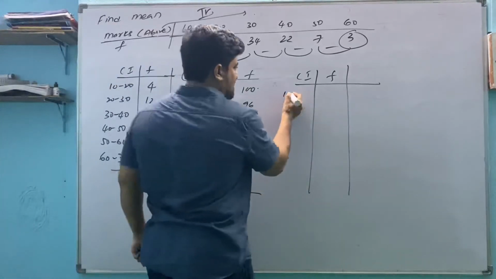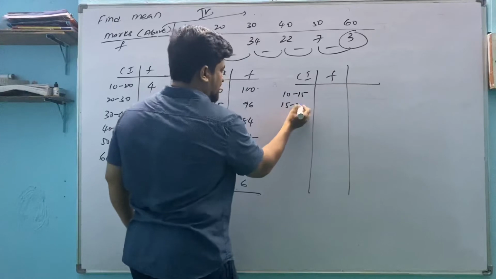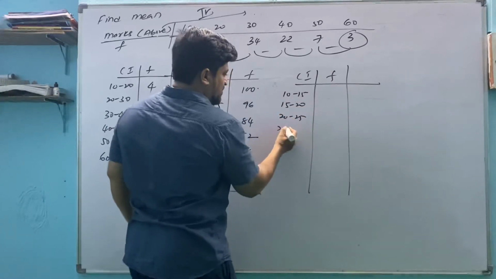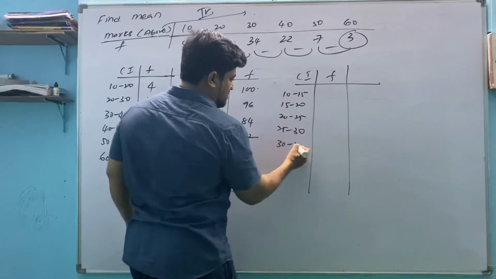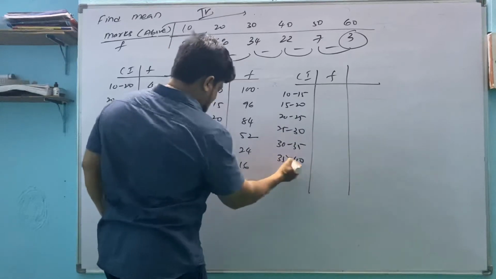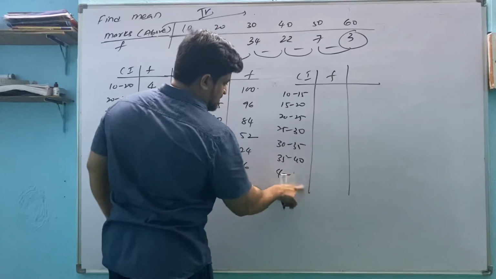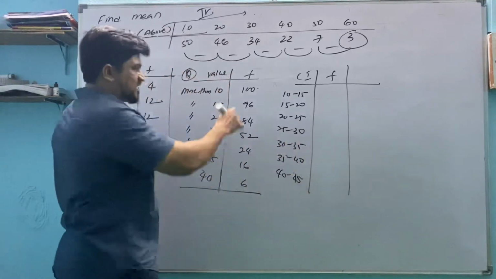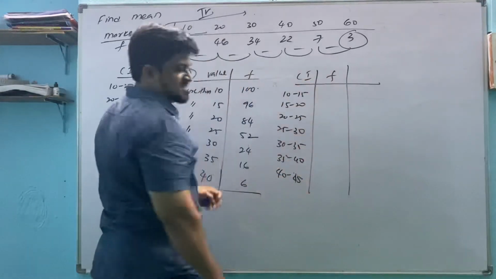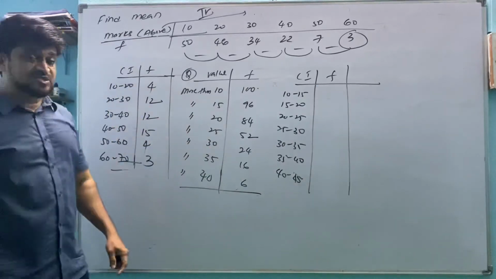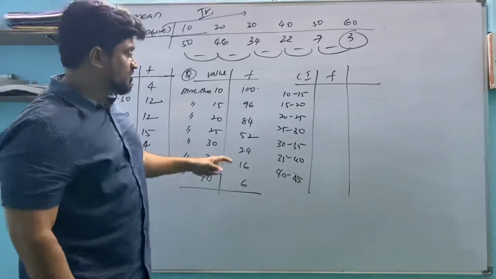More than 10 is 10 to 15, 15 to 20, 20 to 25, 25 to 30, 30 to 35, 35 to 40. More than 40, 40 to 45. And don't write these frequencies as they are, 100, 96, 84, because at the time of arrangement, most importantly, you have to remember to subtract.